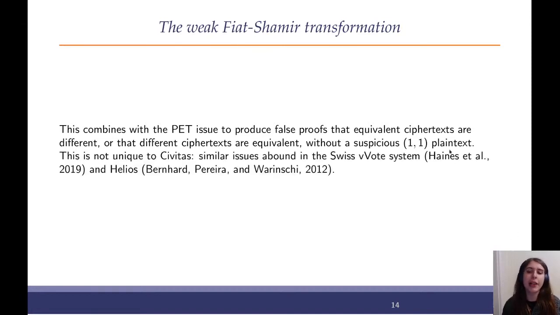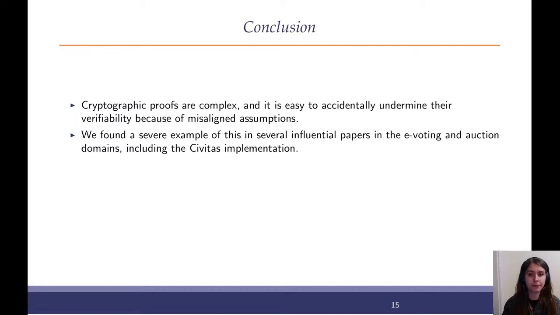And it's important to point out this is not unique to Civitas. There were similar issues discovered in the Swiss vvote system, and also in Helios, which I mentioned earlier. Both of these systems suffered from a weak Fiat-Shamir transformation that allowed a false statement to be proved.